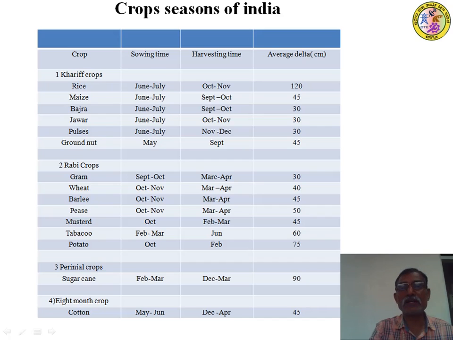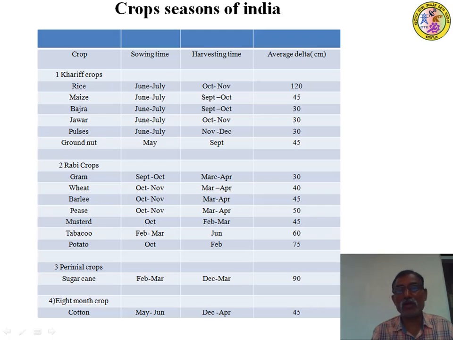For example, bajra is September to October, jowar is October to November, pulses is November to December, groundnut is September. The average delta for these crops is: rice 120 centimeters, maize 45 centimeters, bajra 30 centimeters, jowar is also 30 centimeters, pulse 30 centimeters, groundnut 45 centimeters. That means the total depth of water required on the field is that many centimeters.